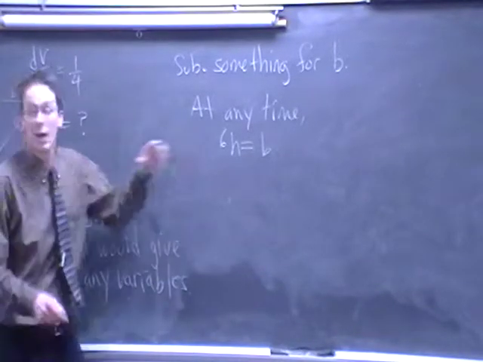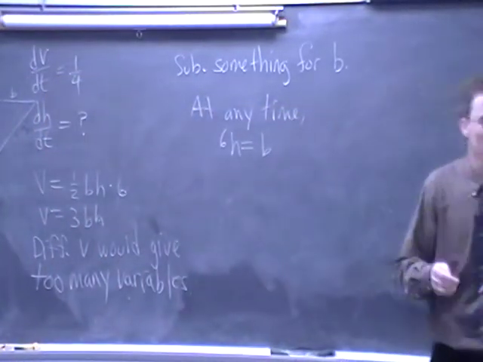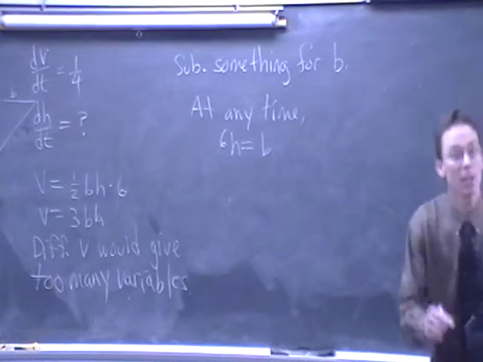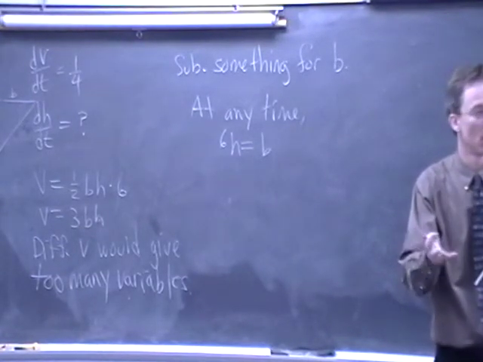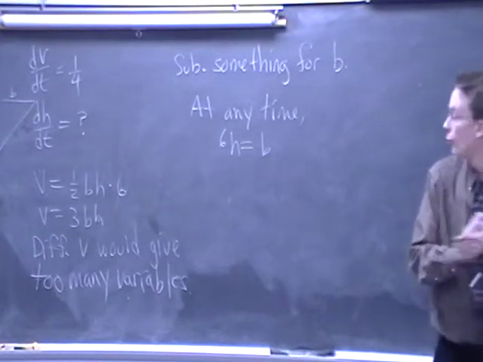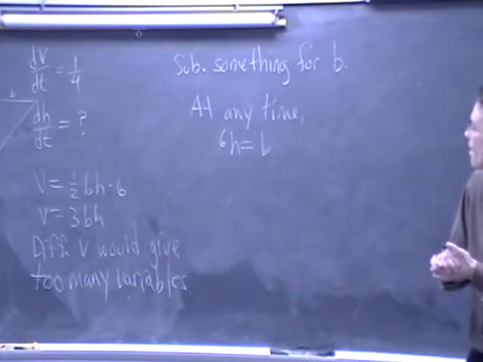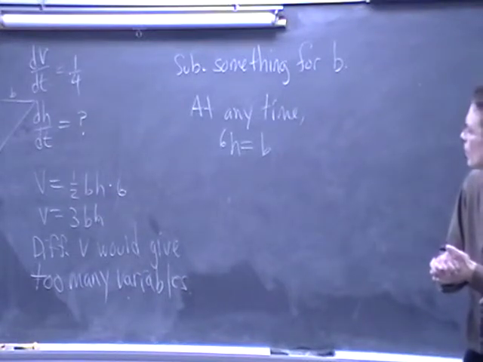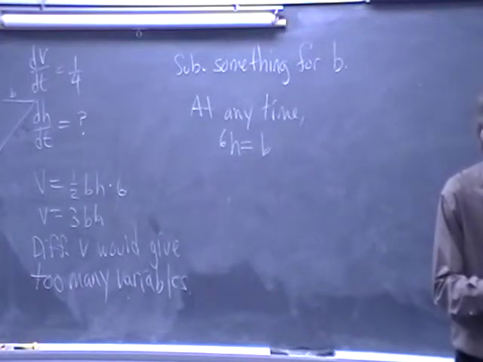So you don't want to plug in a number, and I'm glad you brought that up. You don't want to plug in a number like 6 until you've actually differentiated. You keep it broad. So we're going to take out the b and we're going to put in a 6h before we differentiate.